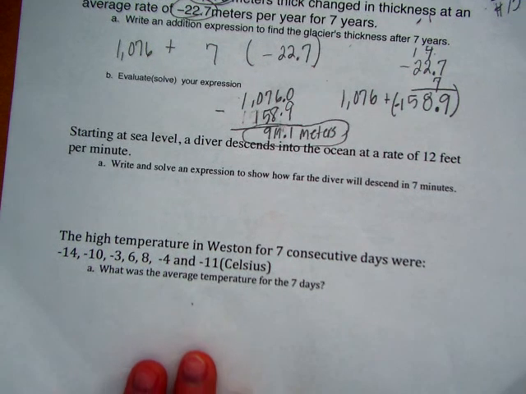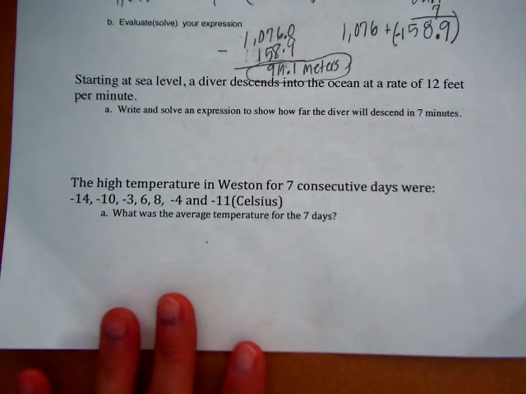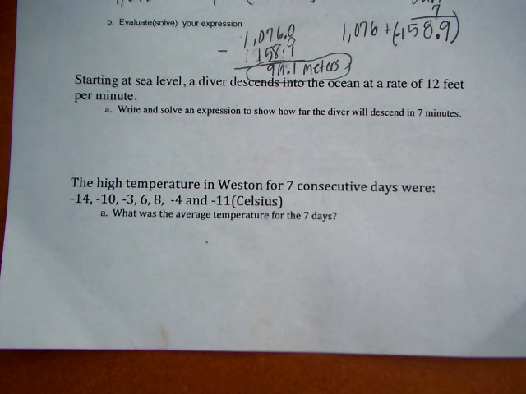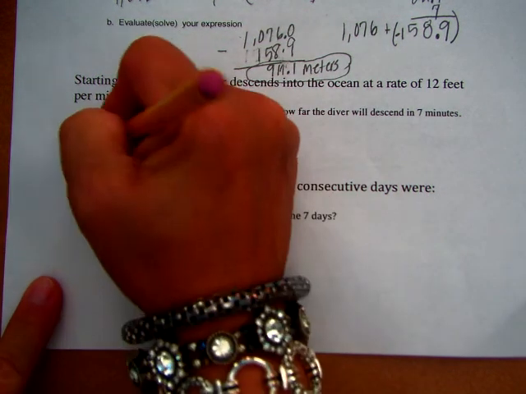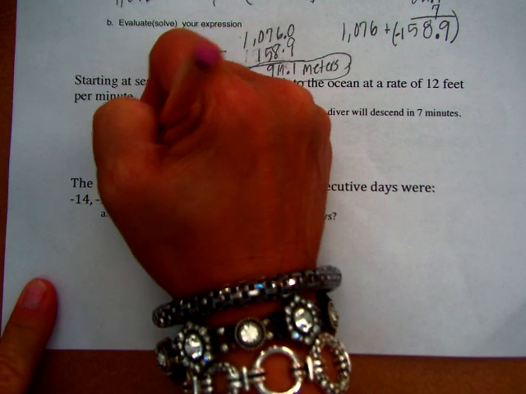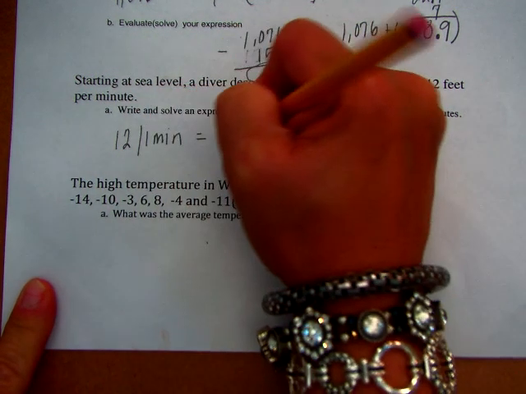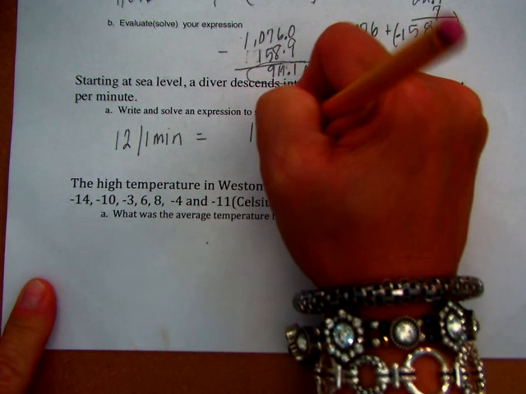All right, the last one. Starting at sea level, a diver descends into the ocean at a rate of 12 feet per minute. Write and solve an expression to show how far the diver will descend in 7 minutes. Well, if it's 12 feet in 1 minute, how far would it be in 7 minutes?